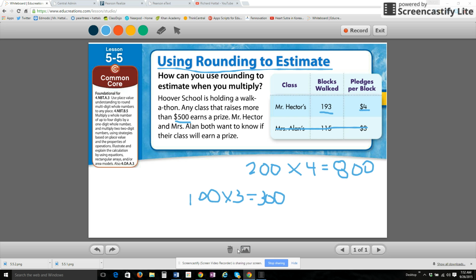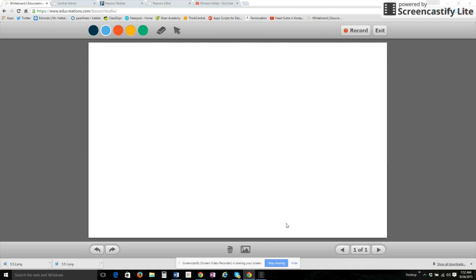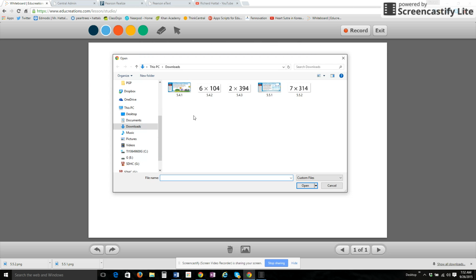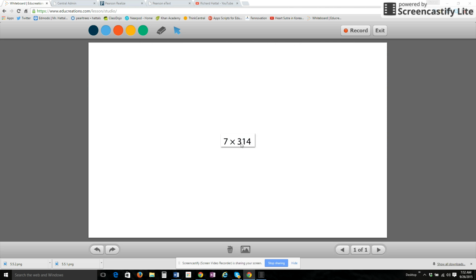All right, so let's take a look at one more example, and hopefully this will make things very clear for you. Now we have the number sentence, 7 times 314. We're looking at 314, and 314 is very close to 300, correct?